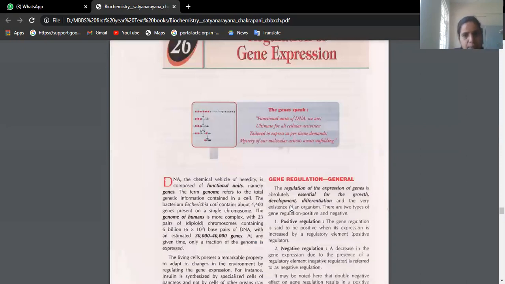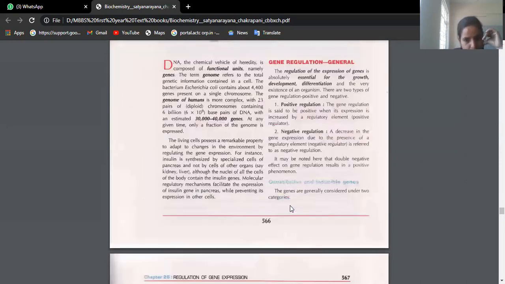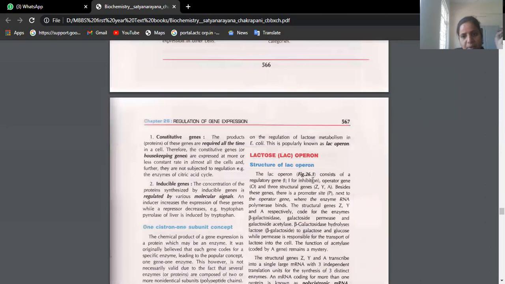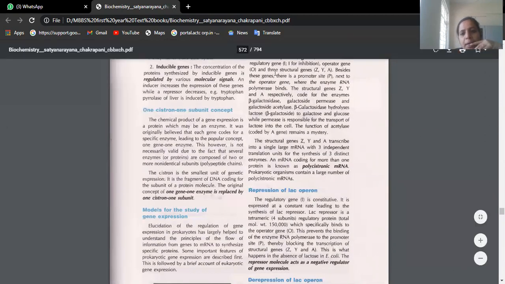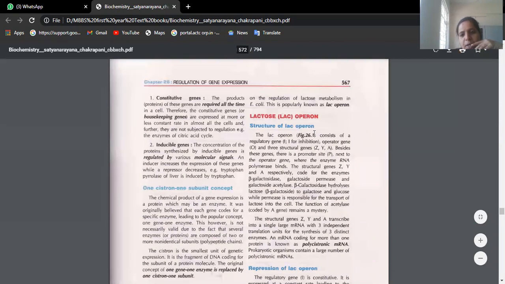Yes, beta, here we have it. See, lac operon, structure of lac operon. It is nothing but a regulatory gene. We need to see this picture in order to understand. I stands for inhibition, O is the operator gene, and we have three structural genes Z, Y, A. P is the promoter gene next to the operator gene where the enzyme RNA polymerase binds.